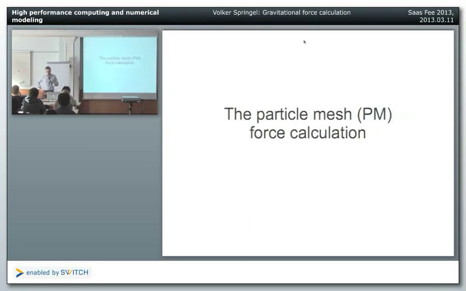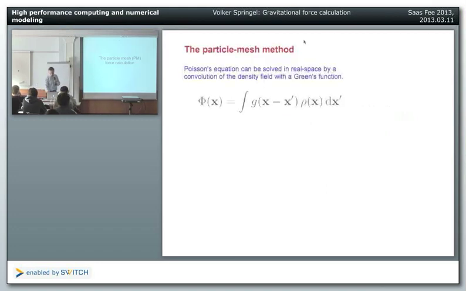Now I want to first talk about the particle mesh algorithm. This is a standard technique that you should all understand. Basically, here you try to solve Poisson's equation, and the solution to it can be written as a convolution of the density field with some Green's function.